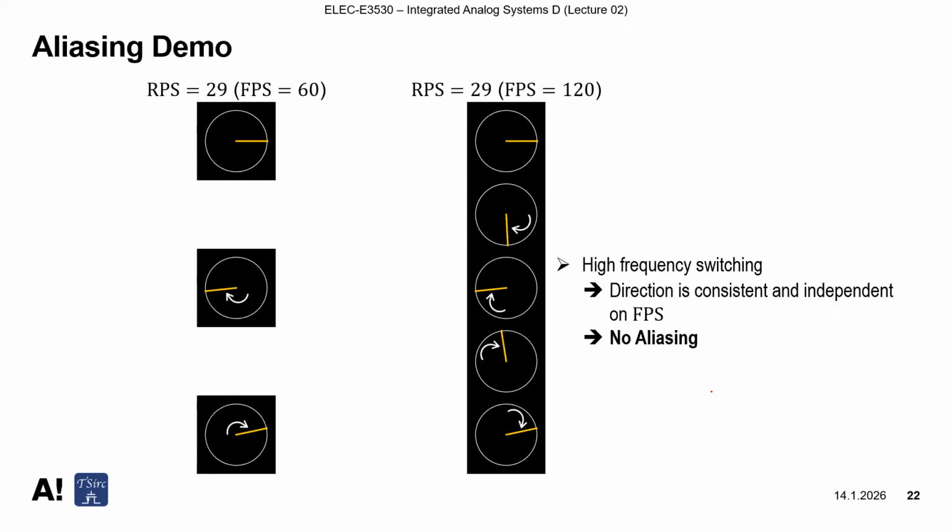And in terms of different frame rates, this frame corresponds to the same frame, and this one corresponds to the same frame, and this one as well. We can see that its rotation direction is consistent no matter how fast we are taking the frame rate, as long as it satisfies the Nyquist theorem.